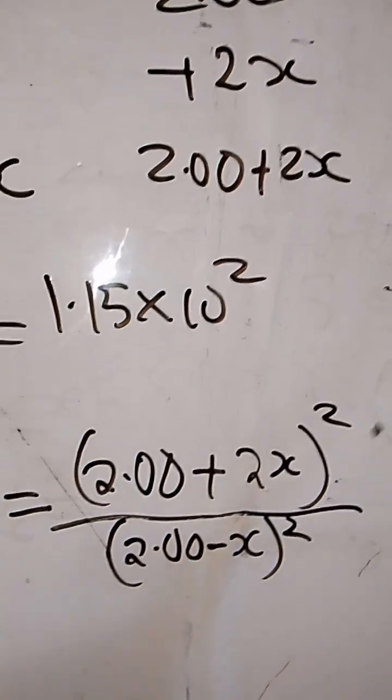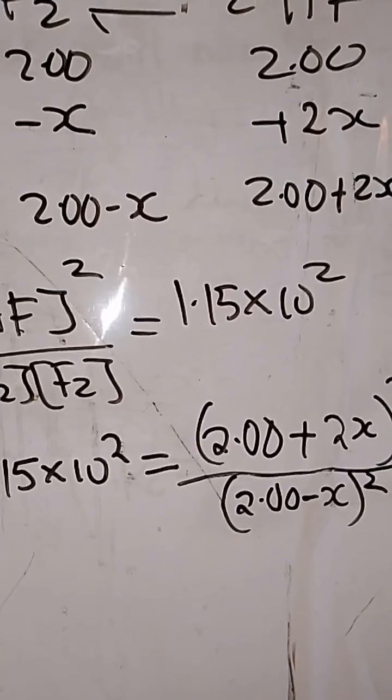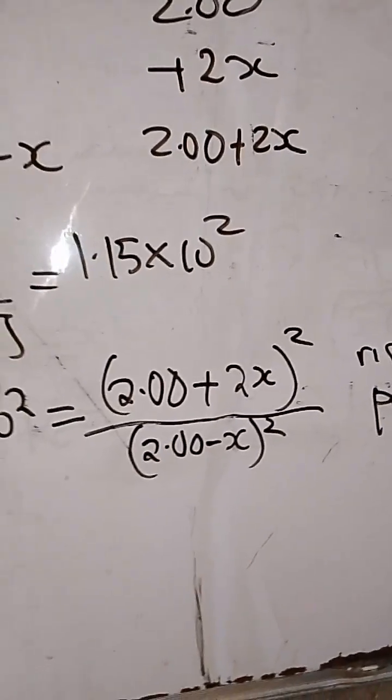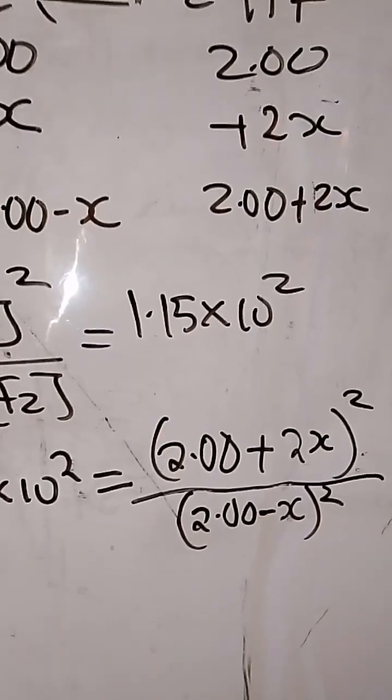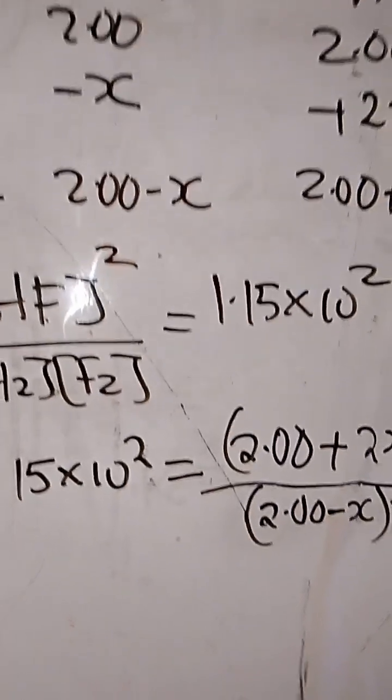You can see here squared. So to solve such an equation, there is no need to introduce a quadratic equation, since it is a perfect square. You simply take the square root of both sides.